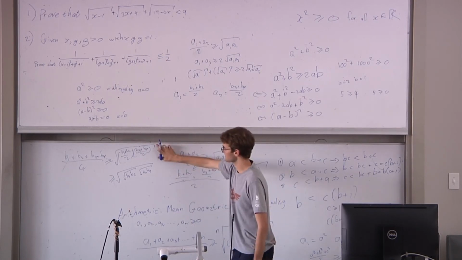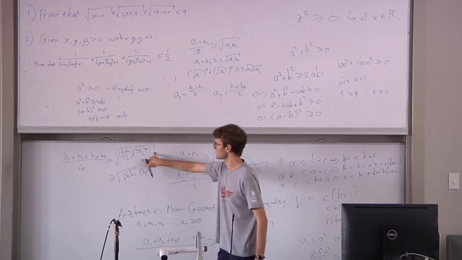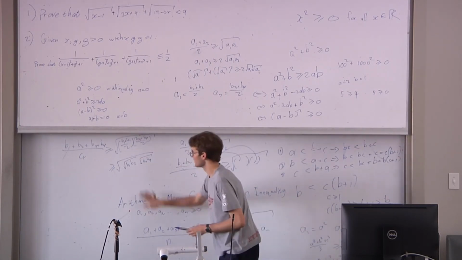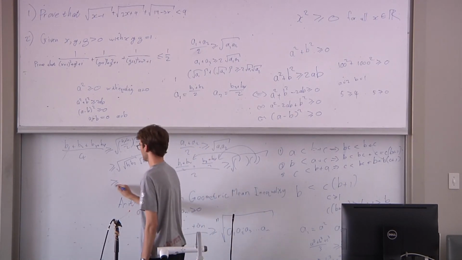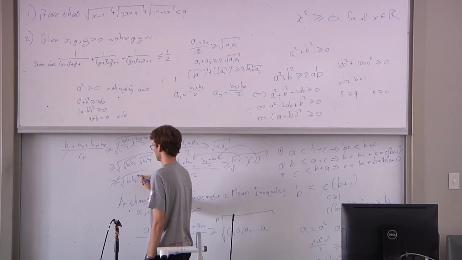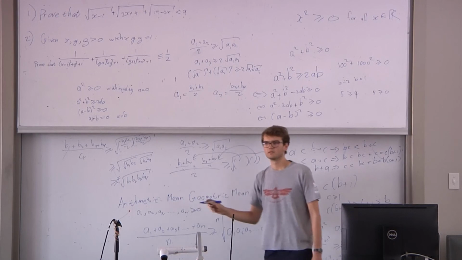So this is greater than or equal to that by doing AMGM on those two terms. And then you can simplify this last part to get the fourth root of b1 b2 b3 b4, which is what you wanted to prove.